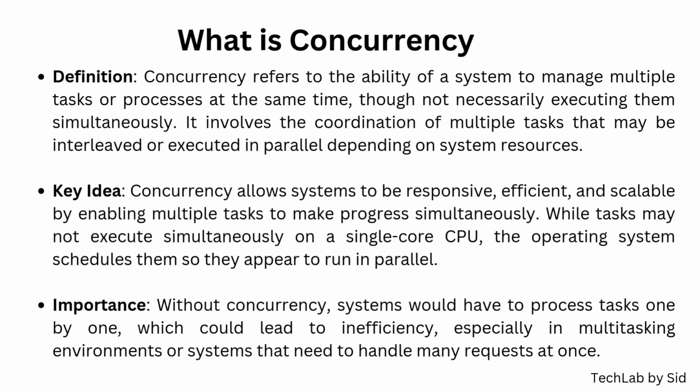Without concurrency, each request would need to be processed sequentially, making the system slow and unresponsive. By breaking tasks into smaller units and executing them in parallel or interleaved, concurrency allows the system to process more requests at once, keeping everything running smoothly and efficiently.